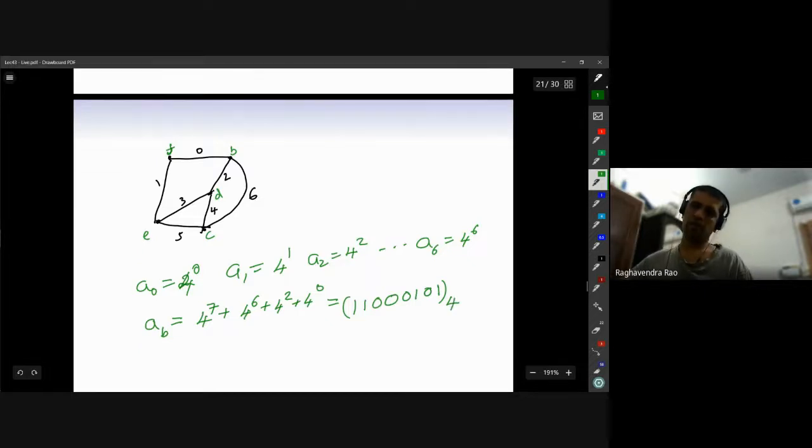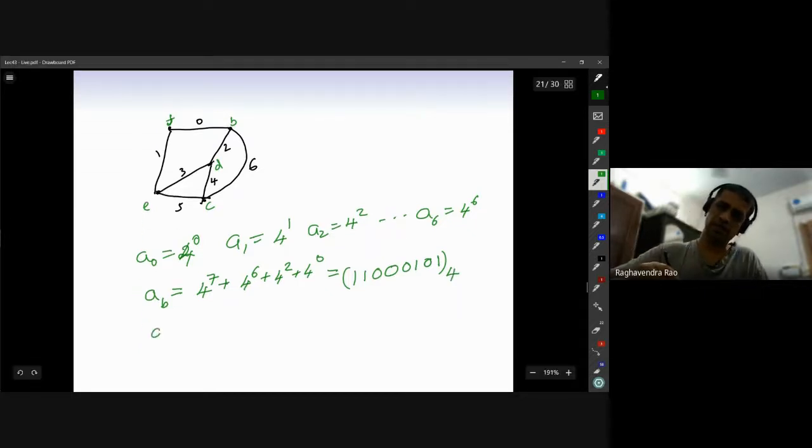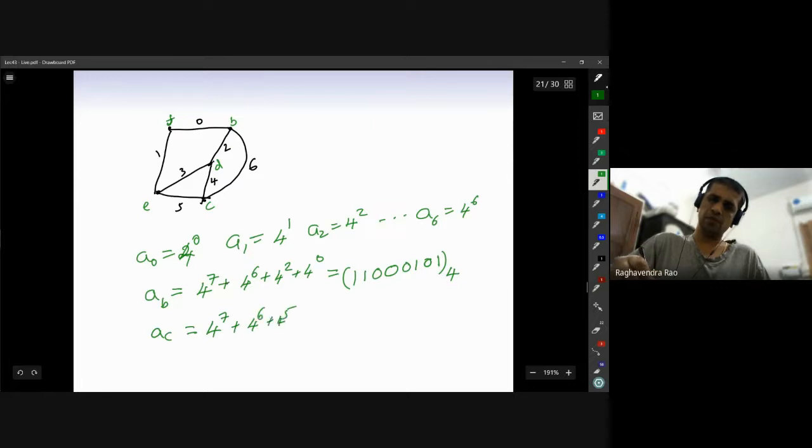AC is equal to 4 power 7 plus 4 power 6 plus 4 power 5 plus 4 power 4. I'll leave it to you to write it in base representation. AE is 4 power 7 plus 4 power 5 plus 4 power 3 plus 4 power 1.